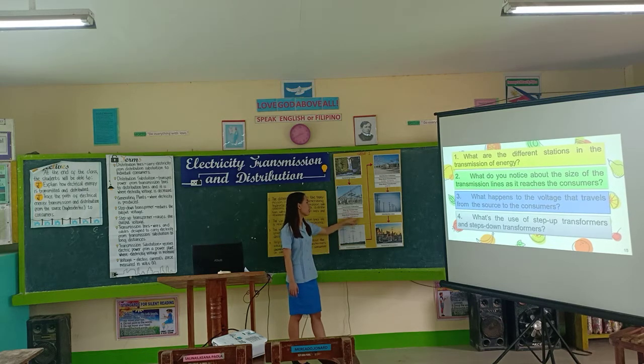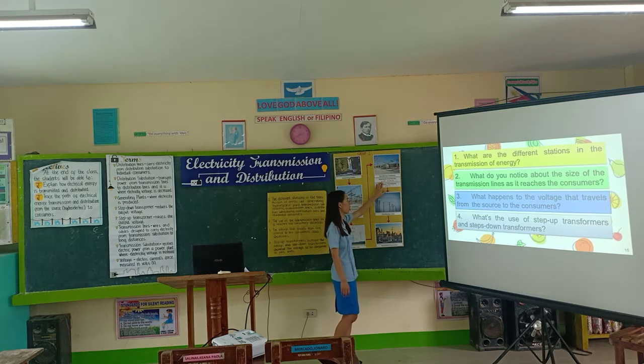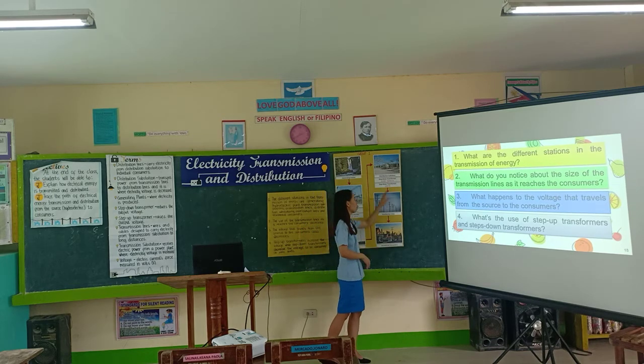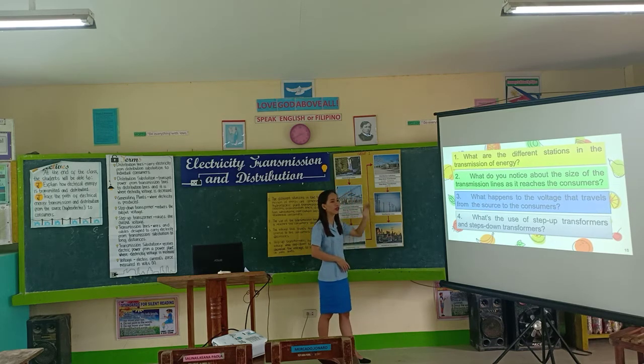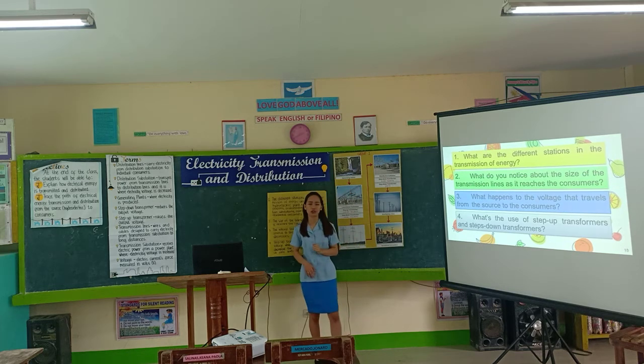This range of voltage is again reduced in the distribution substation to a range of 2,400 to 19,920 volts. Again, within the operating area, it further reduces to a voltage of 220 volts. And these 220 volts will be carried by the distribution lines into our homes.